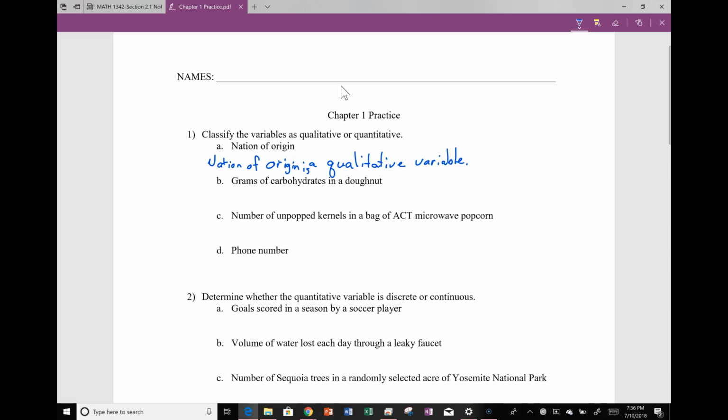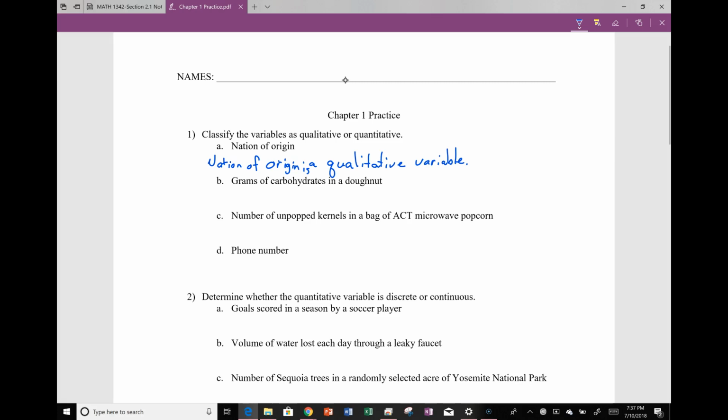So, grams of carbohydrates in a donut. Usually we answer those with numbers. 15 grams, 7 grams, 22 grams of carbohydrates. The question is, can we take an average of those? Can we say that one donut has more carbohydrates than the other donut? Yes, we can. So we can do some type of mathematical operation on this.